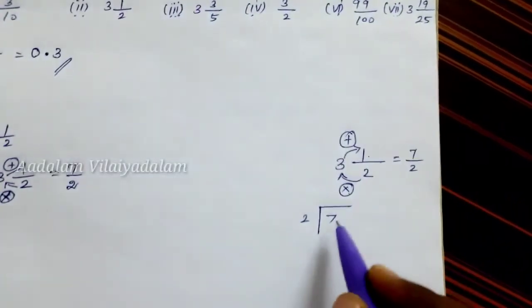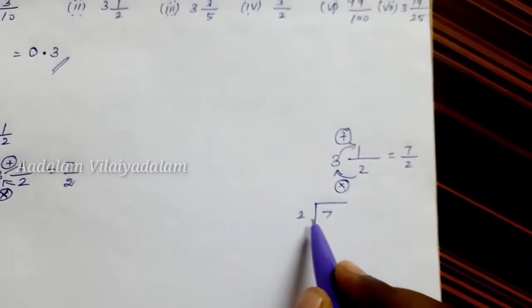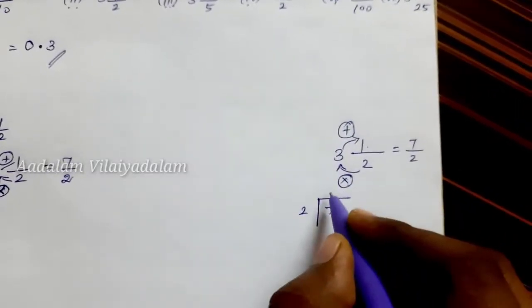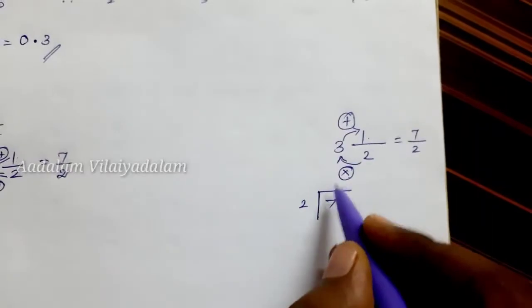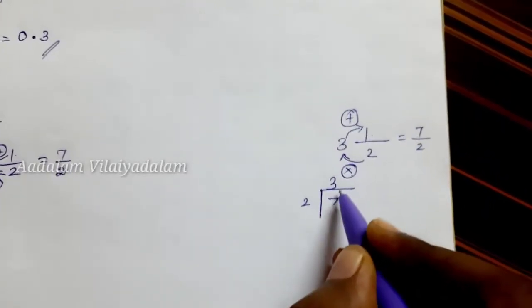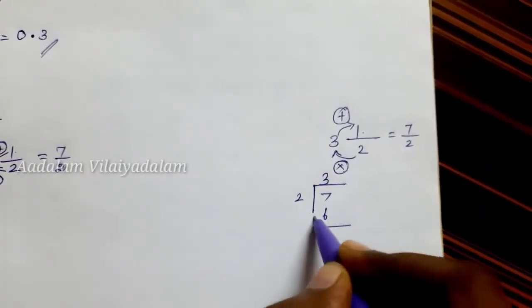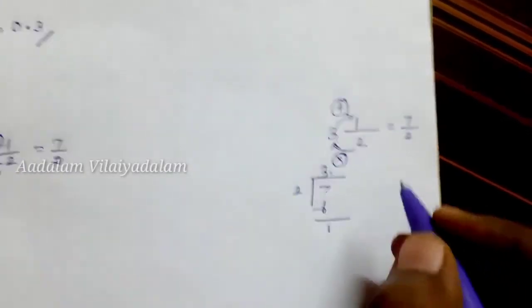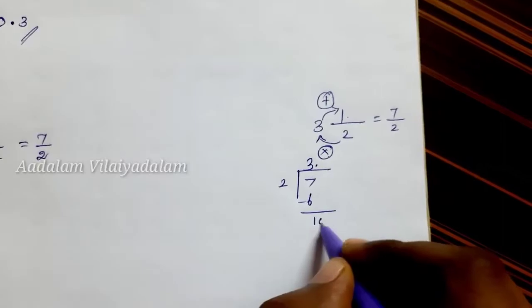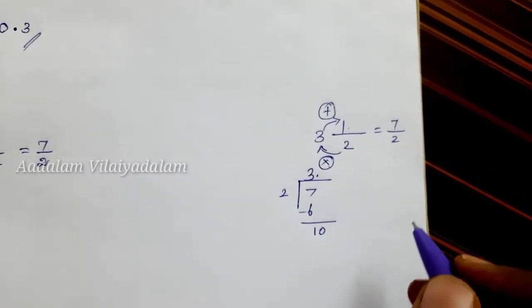So if we divide 7 by 2, using the 2 table up to 7, we get 2 3s are 6. Then if we subtract, we get 1. Then put the decimal point and add the 0.